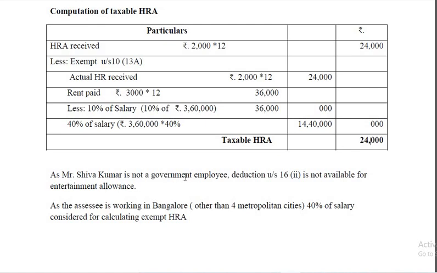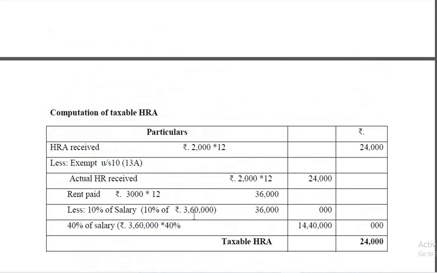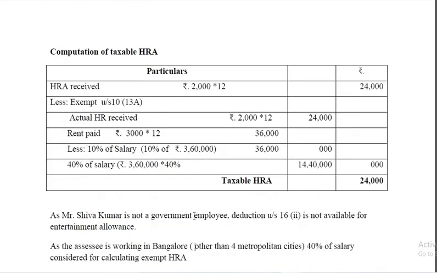Mr. Shiva Kumar is not a government employee. Therefore, deduction under section 16(2) is not available for entertainment allowance. As the assessee is working in Bangalore, other than the 4 metropolitan cities, 40% of salary is considered for calculating HRA. So that's about this problem. One correction, it is not 14,40,000, it should be 1,44,000 rupees.